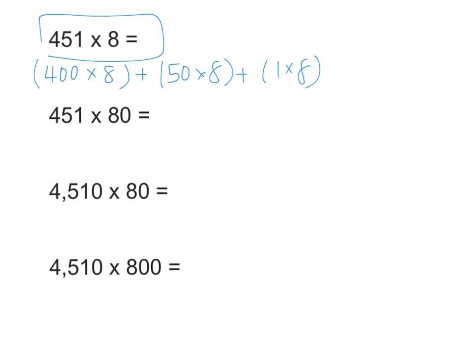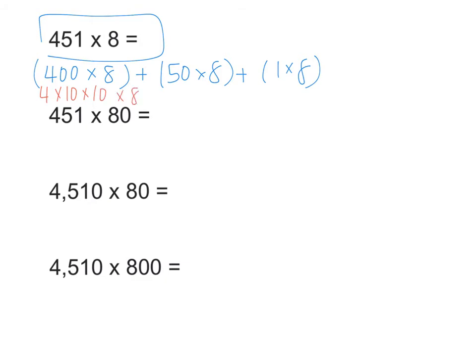She said, I can do 400 times 8, and then 50 times 8, and then 1 times 8. Is that going to be the same thing as 451 times 8? Yes. What property did she use to break apart the factor 451 like that? Lauren? Distributive property. Now she can think, okay, 400 times 8 is the same thing as 4 times 10 times 10 times 8, right?